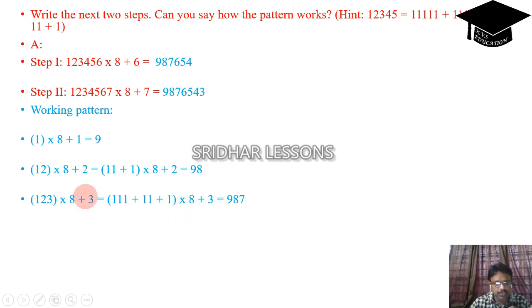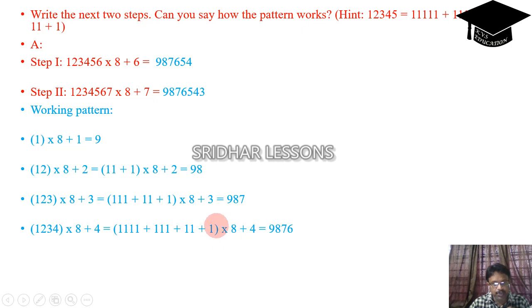See, my dear students, this is a type of pattern. That's all. 987. Next one, 1234 into 8 plus 4, which is 1111 plus 111 plus 11 plus 1, into 8 plus 4. Now I have got this number as 9876.